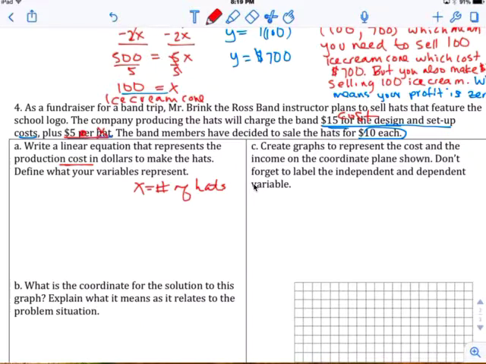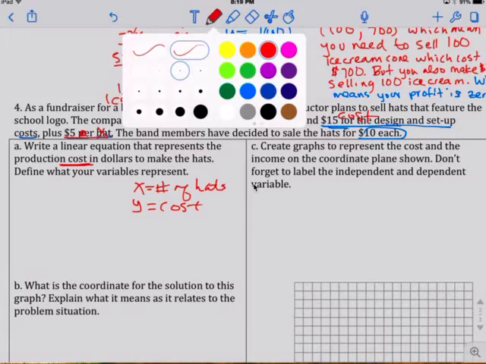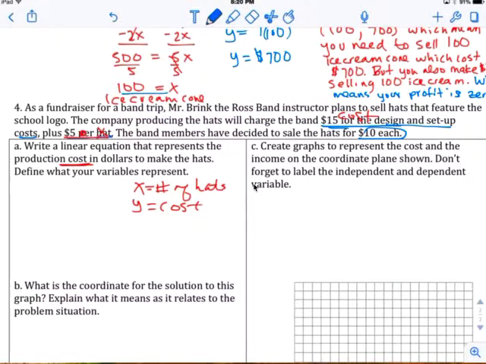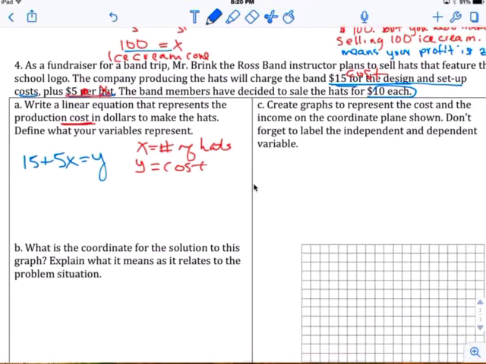So Y then equals the cost. So you'd write 15 plus $5 per hat, X represents the hats, equals the cost, Y. That's the equation. Okay, B.